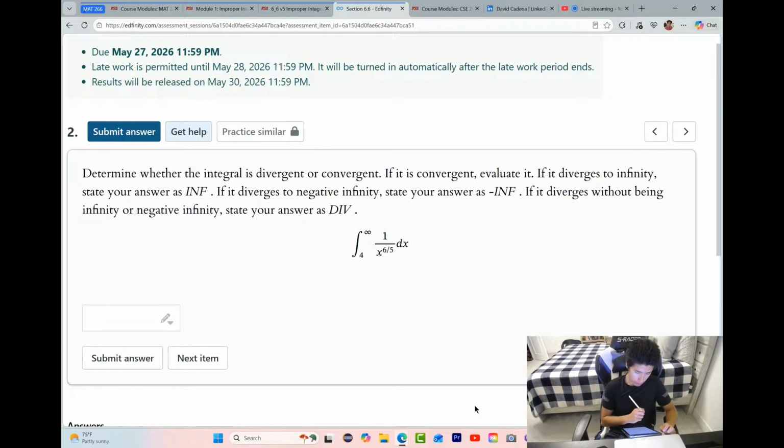Okay, now what? Now we do the fundamental theorem of calculus from 4 to t, and we get... whoops, hold on. In fact, I'm just going to simplify this a little further. That's okay, I'll just keep it like that.